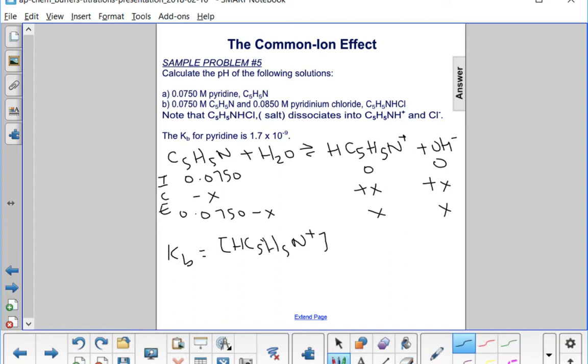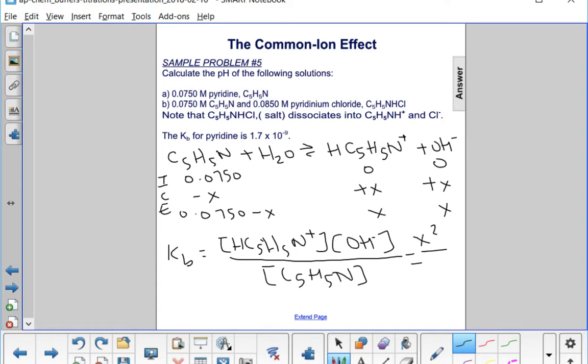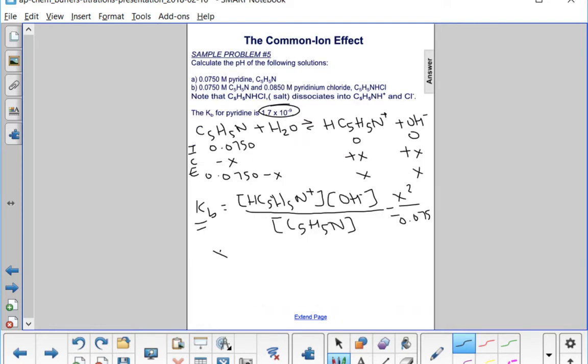Concentration of HC5H5N plus times concentration of OH minus, over concentration of C5H5N, equals, so let's see, each of these product concentrations are X, so we get X squared on the top. Assume a very small change for the reactant, so that X is much less than the original concentration, so we can say that this is 0.0750. We have to sub in the value for Kb to solve for X.